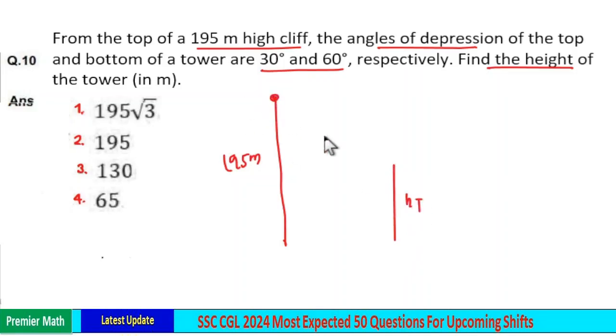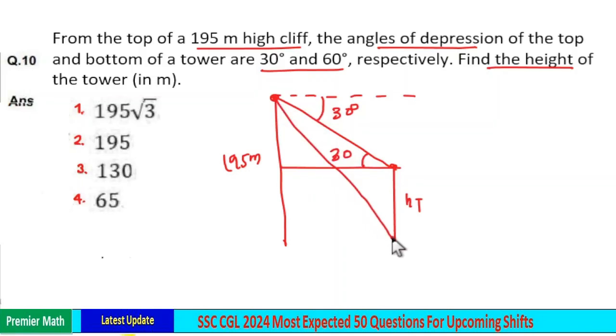From the top of the cliff to the top of the tower, this is the line of sight, and this is the horizontal line from the top of the cliff. Now the angle of depression is 30 degree. That is from the horizontal line to the line of sight, 30 degree. If this is 30 degree, if you draw a horizontal line here, this is also 30 degree. Now from the top of the high cliff to the bottom of the tower, the angle of depression is 60 degree.